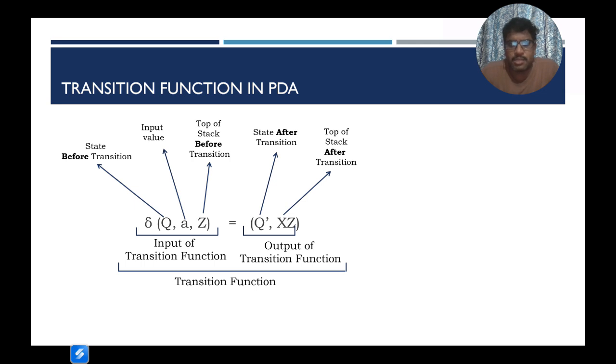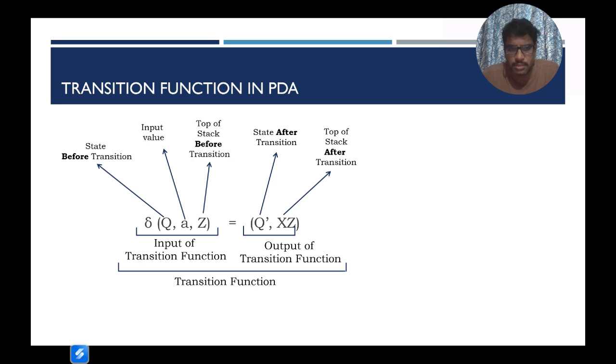This is how the transition is represented. Delta of q comma a comma Z is the input of the transition function, and it provides the output. In the input, q is the state before the transition, a is the input symbol, and Z is the top of the stack before the transition.